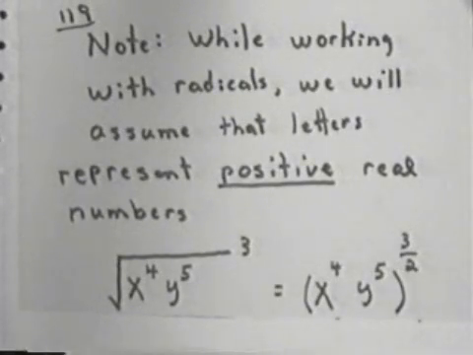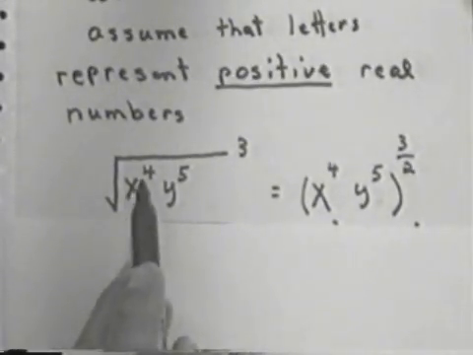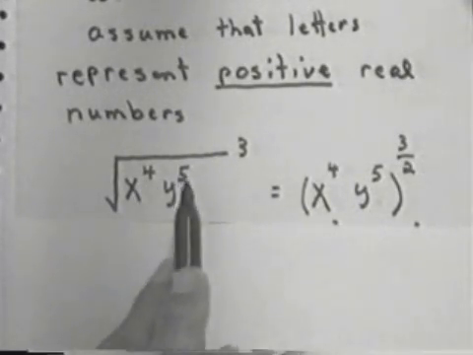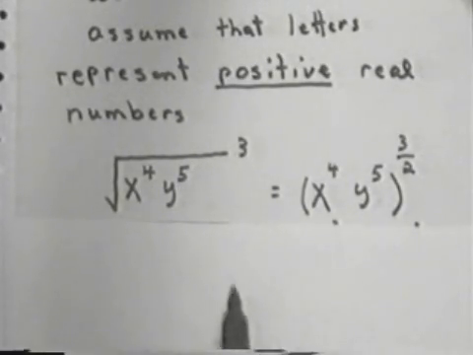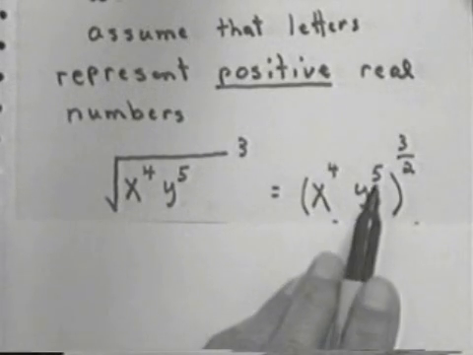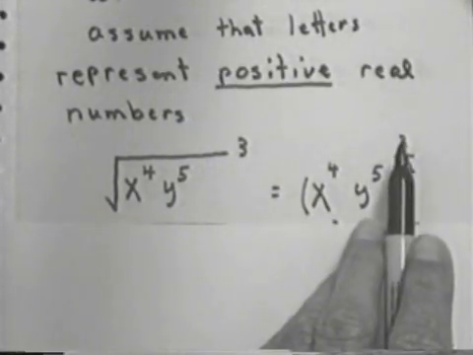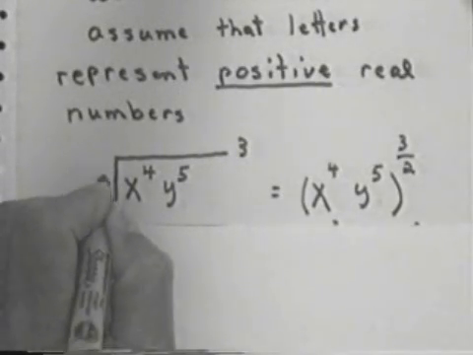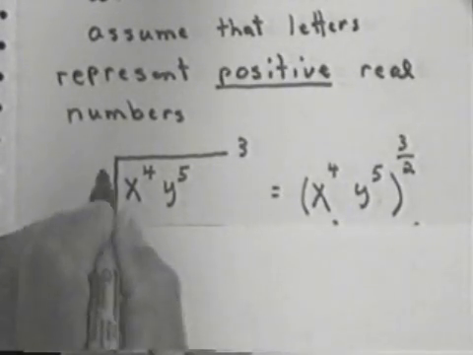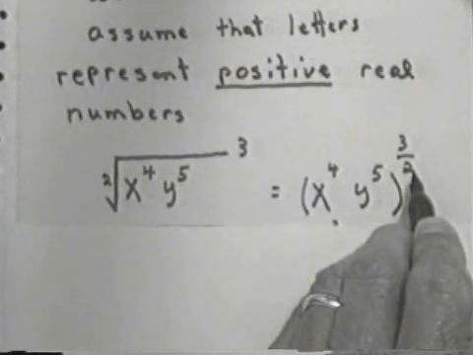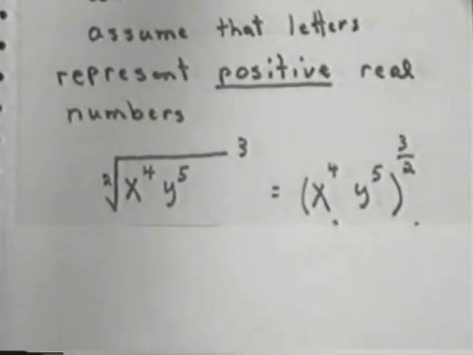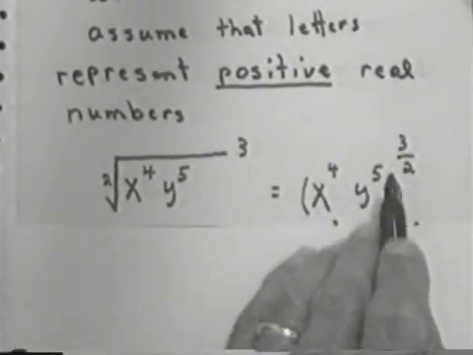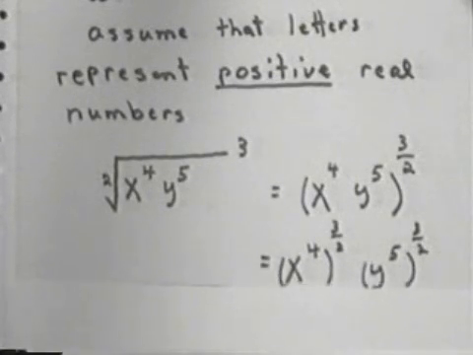Well, let's look at another example. The square root of x to the 4th y to the 5th raised to the 3rd power is equal to x to the 4th y to the 5th raised to the 3/2 exponent. The index is understood to be 2. So the index tells you the denominator, the exponent tells you the numerator. The exponent 3/2 applies to both bases.